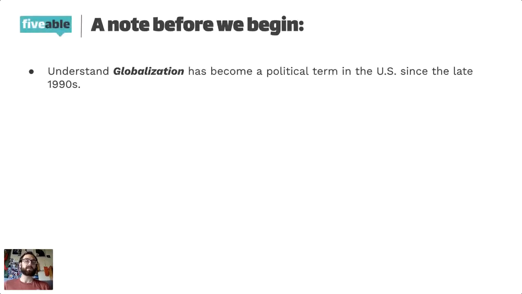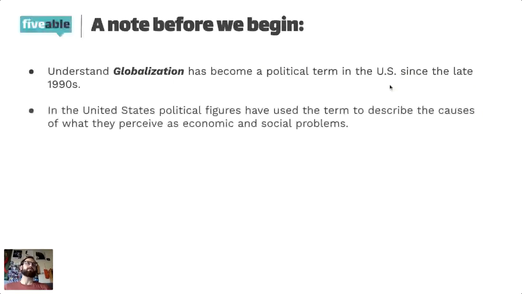It has been in the United States for about 30 years now. There are a number of politicians who often talk about globalization, and they usually describe it in a negative way, like this is the cause of problems, social problems, economic problems. This is the cause of the decline of our country. It has a very negative connotation in the political sphere.